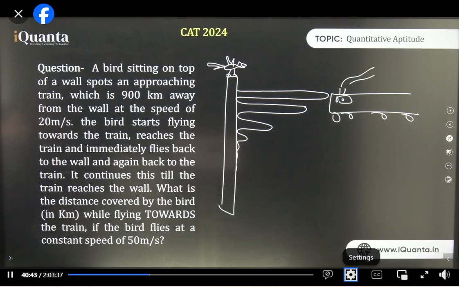How many of you think it's a difficult question? Is it a difficult question? Yes or no? And how many of you are not able to approach?